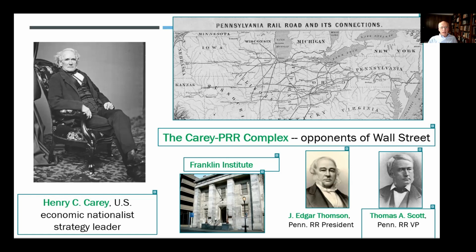Most of this is based in Philadelphia. They are closely linked to West Point and the Naval Academy. And this is the center of these economic nationalists. And Henry Carey is their strategist. These two men here with the Pennsylvania Railroad are both disciples of Henry Carey. Next slide.